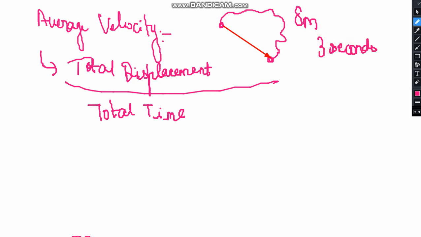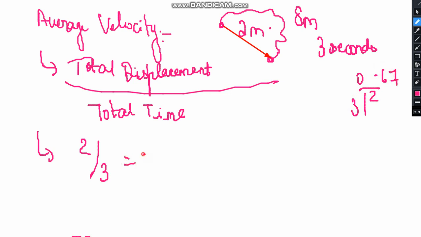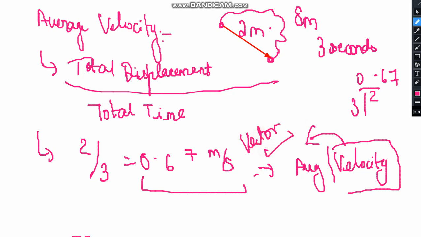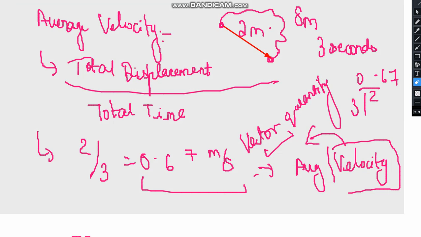However, the displacement is about 2 meters. So what is the average velocity? Average velocity is 2 by 3, which is 0.67, and don't forget meters per second. As I already told you, velocity is a vector quantity. This is also very important to understand. I hope you all noted this down.